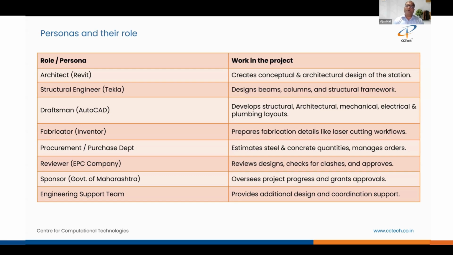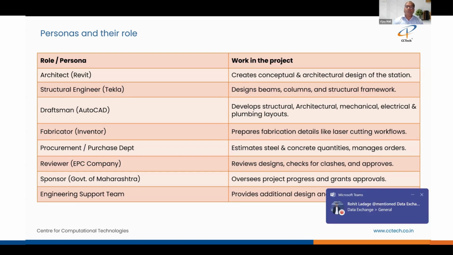The fabricator is on Inventor, and he is responsible for creating different fabrication drawings, like laser cutting workflows and so on and so forth. Then we have a purchase or procurement department, which is involved in estimation of material consumption, material acquisition, and so on. Then we have a sponsor or client who wants to know the overall progress of the project.